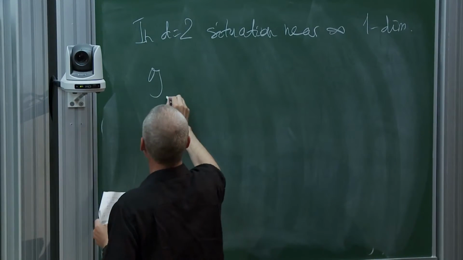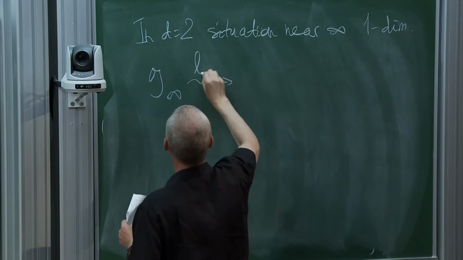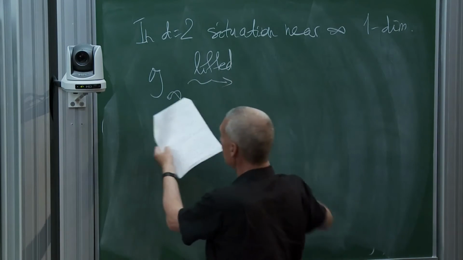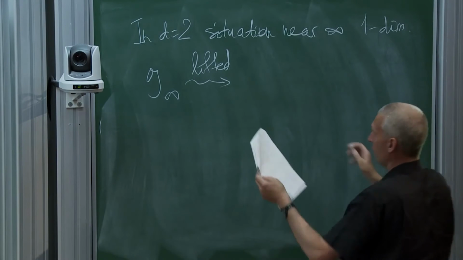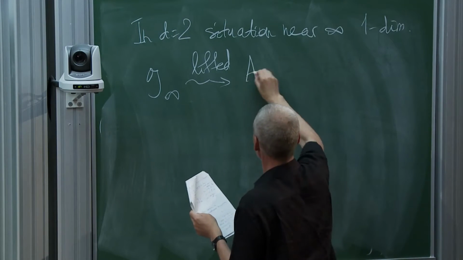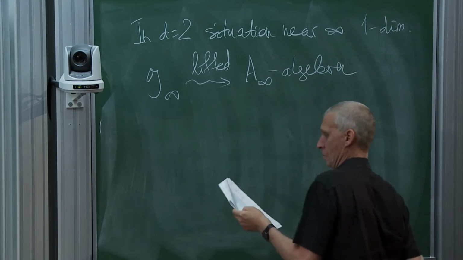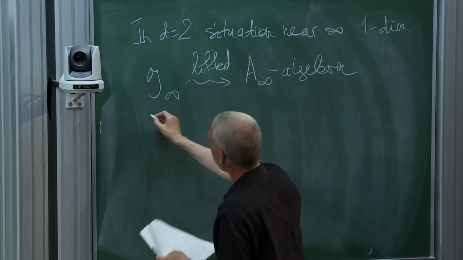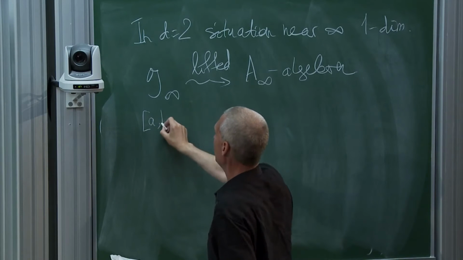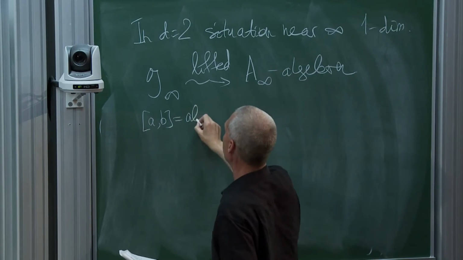So G infinity can be lifted from a homotopy Lie algebra to a homotopy associative algebra, let's call it an A-infinity algebra, by the analog of the formula where the bracket is AB minus BA.